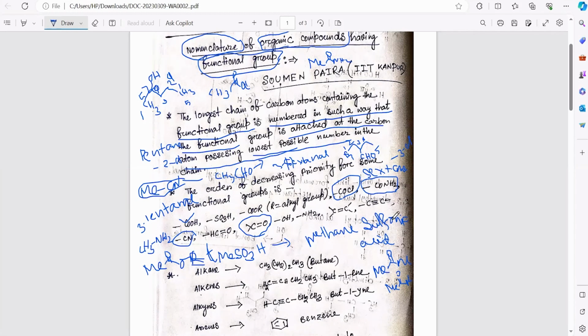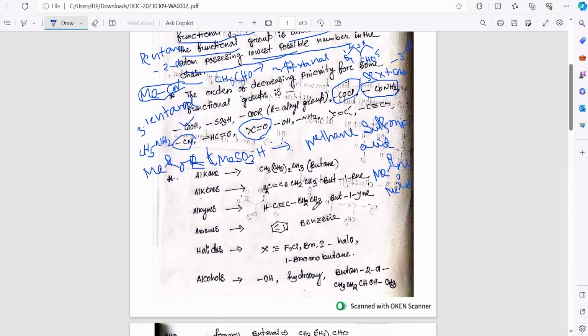Now we'll go to the C double bond C and C triple bond C. Here I have written some examples, that is alkane. Suppose any molecule contains CH3, CH2 twice, CH3. How many carbons are there? One, and here two, total three, and one carbon, total four.